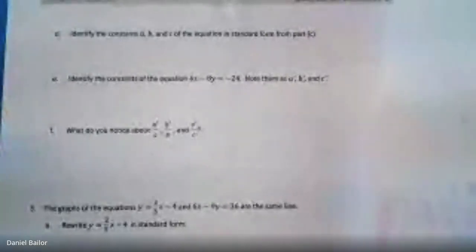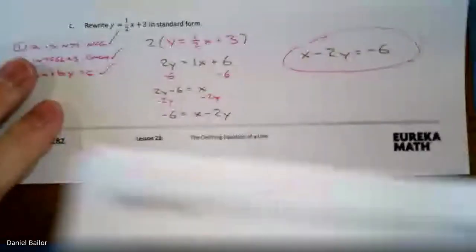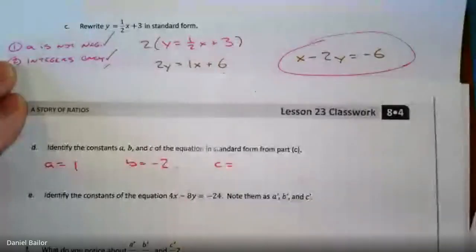Find the constants. So from part C, what's A, B, and C? So we need A, we need B, and we need C from what we just did. So in this equation right here, the one circled right here, A is 1 because it's 1x. B is -2 because it's -2y.